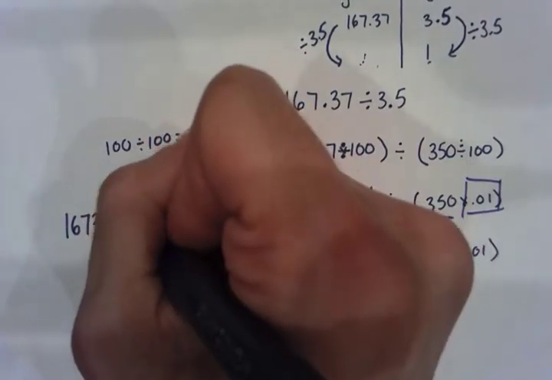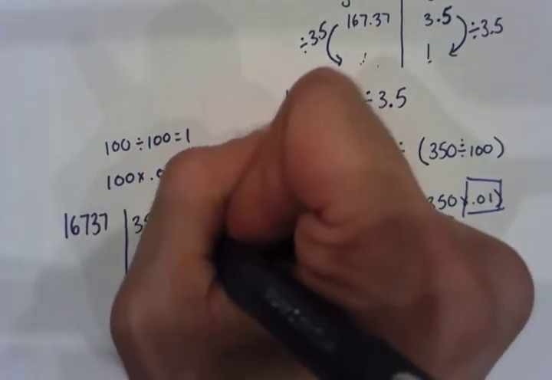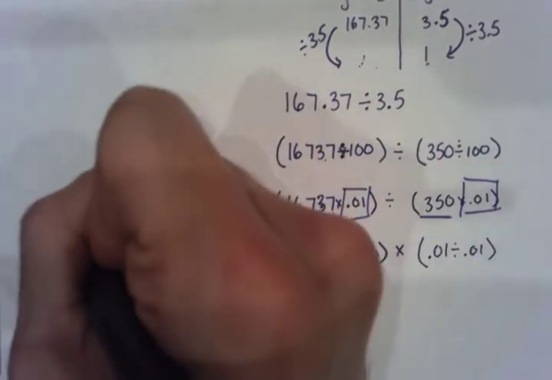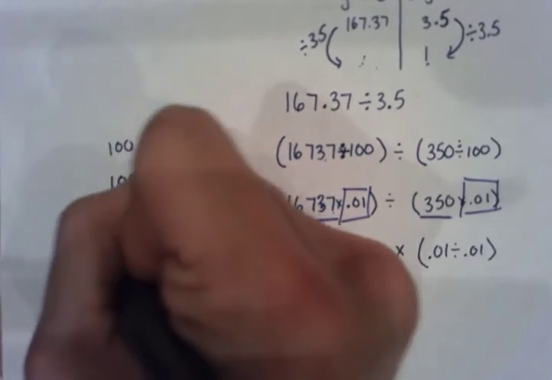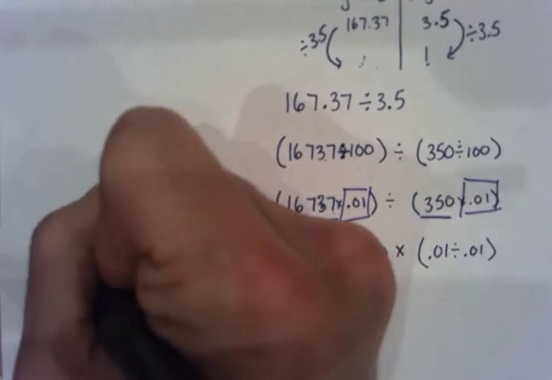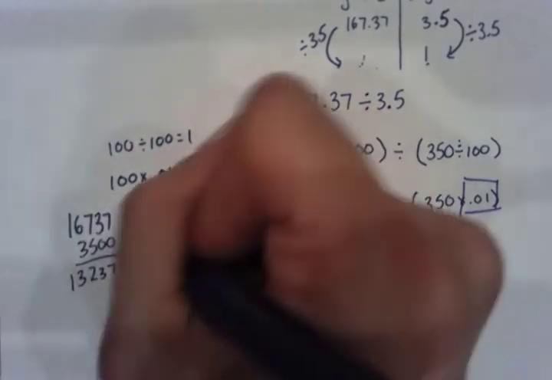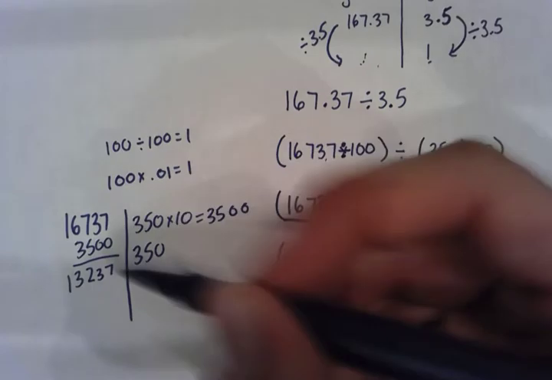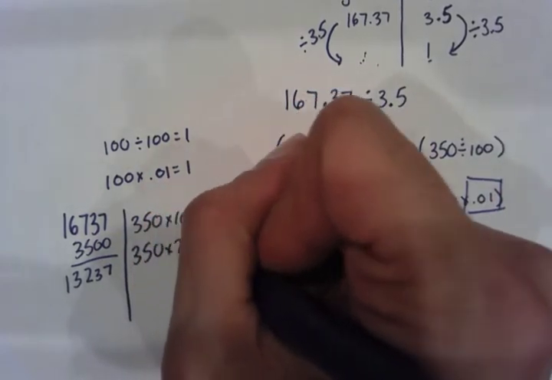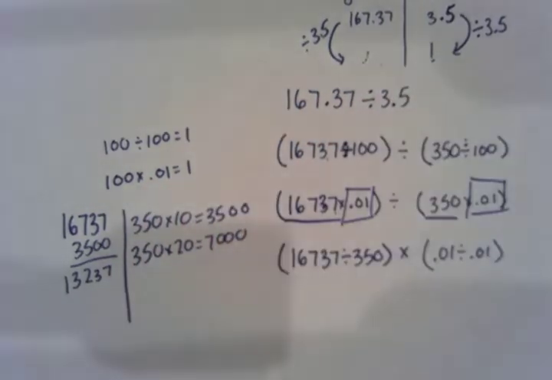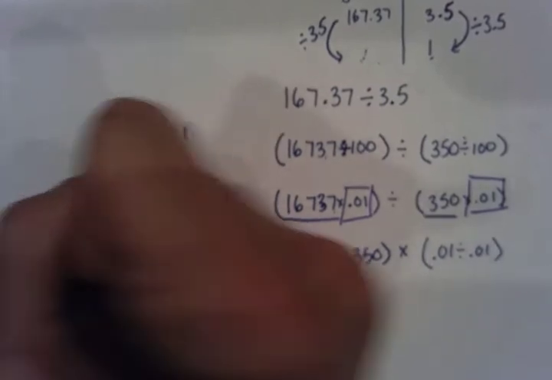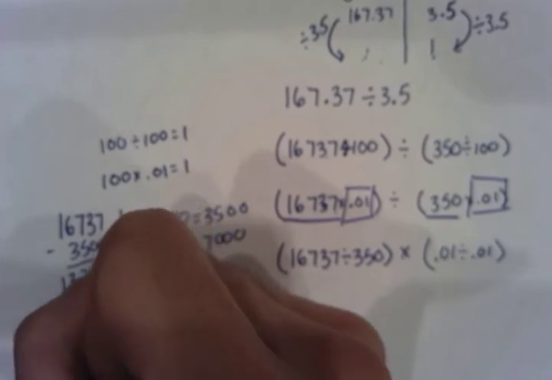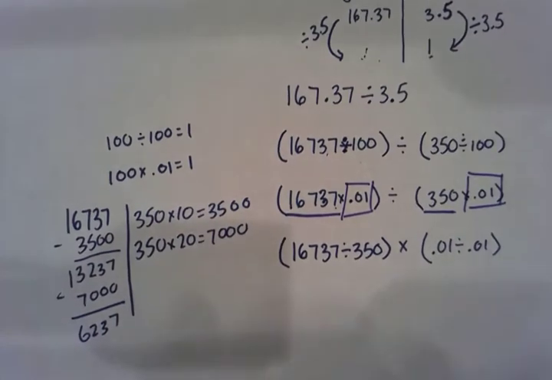So I know 350 times 10 equals 3,500. I say I could fit in another 3,500. Let's double that. Let's times that by 20. I know that's going to give me 7,000 this time. That's going to be 6,237.